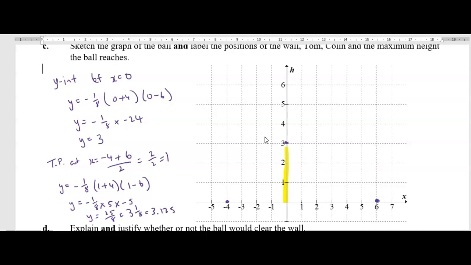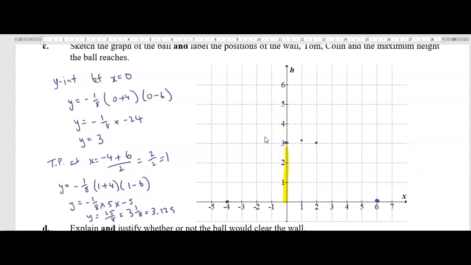So we're at 1. 3.125 is just probably a little bit lower than that, but that is probably good enough. Now remember, parabolas are symmetrical, so this point here, our y-intercept, is going to be the same as this point here, which will just help us when drawing it.